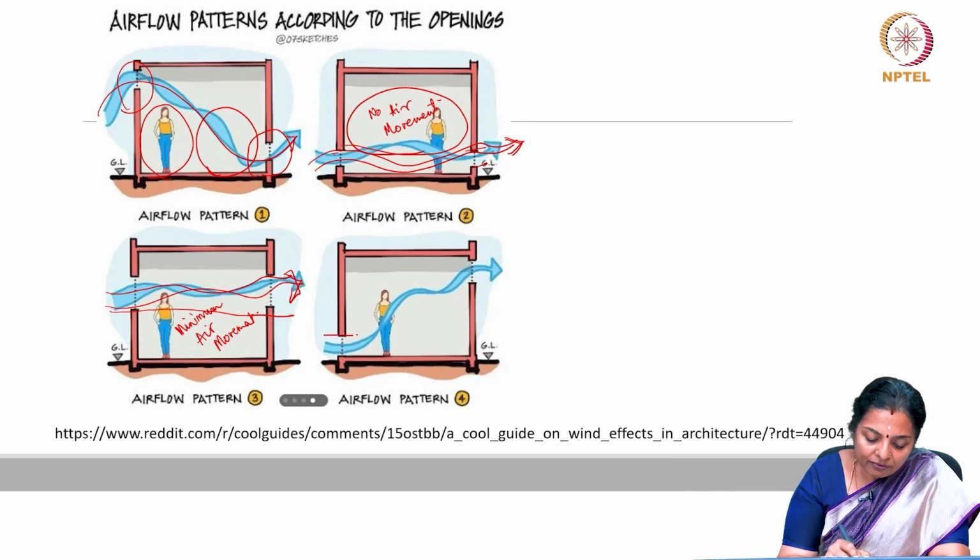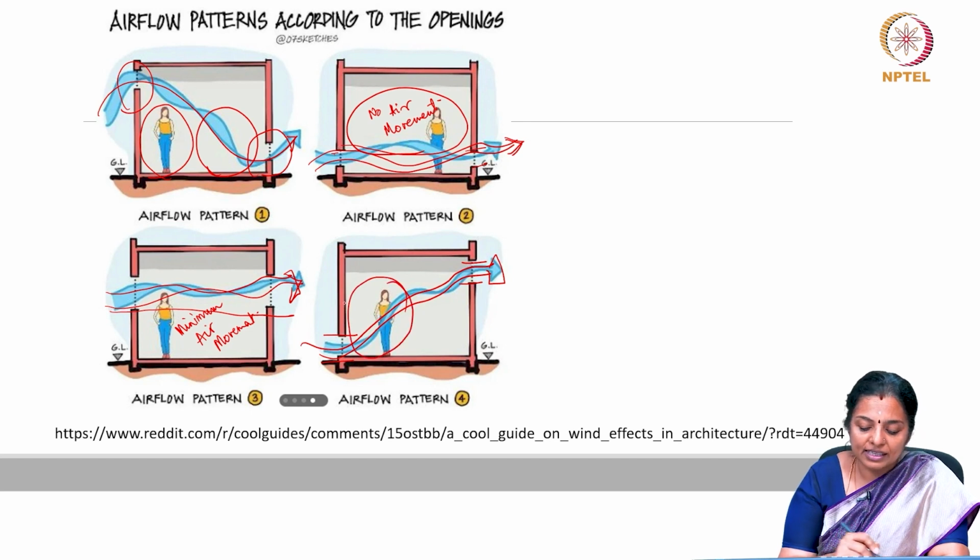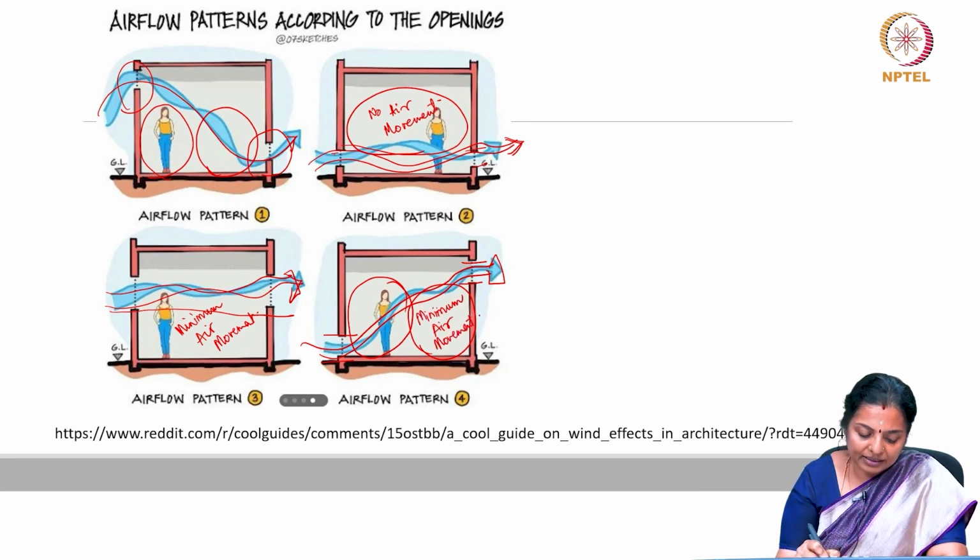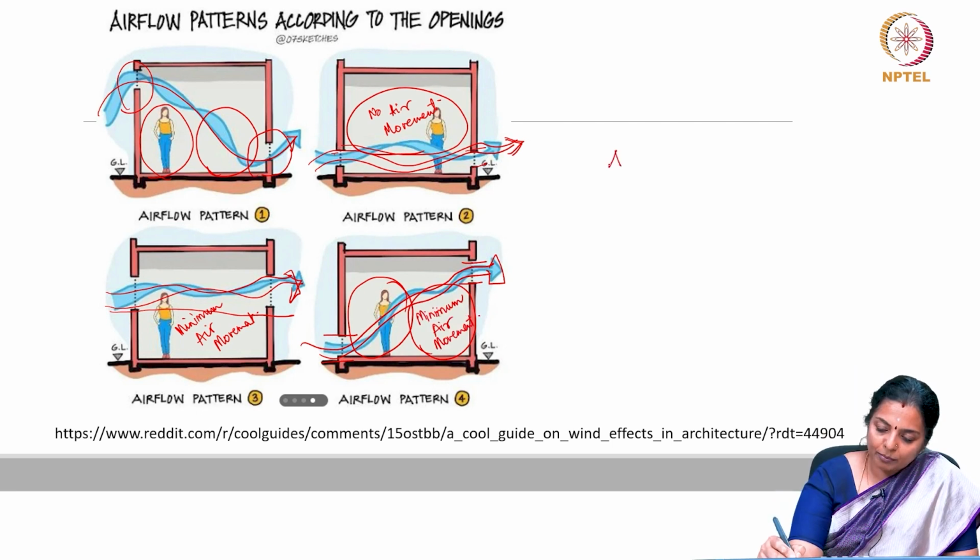Whereas, if you have the inlet at a lower level and the outlet at a lower level, you would get this breeze. There would be air movement at this level, but there will be minimum air movement at this level.